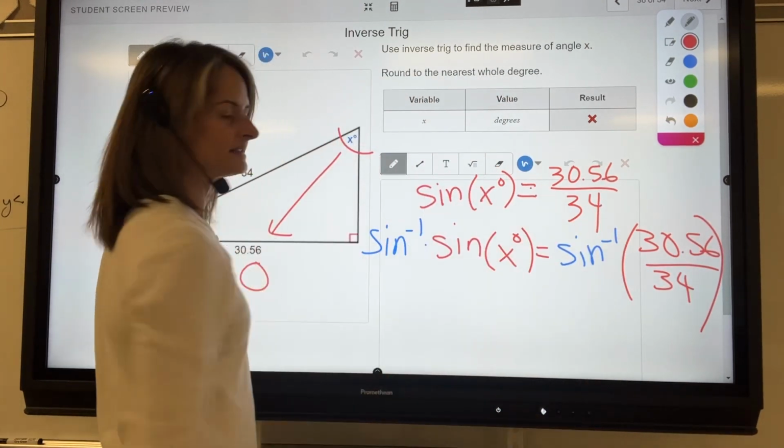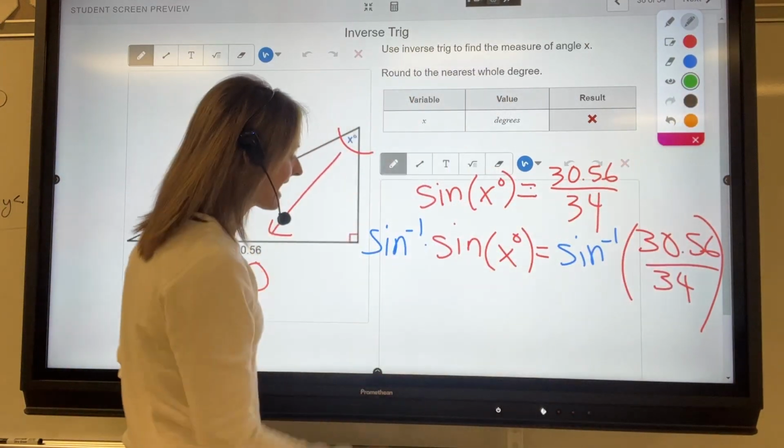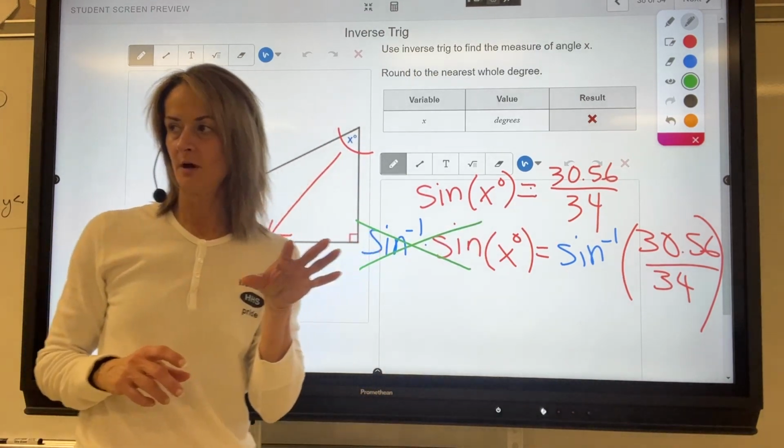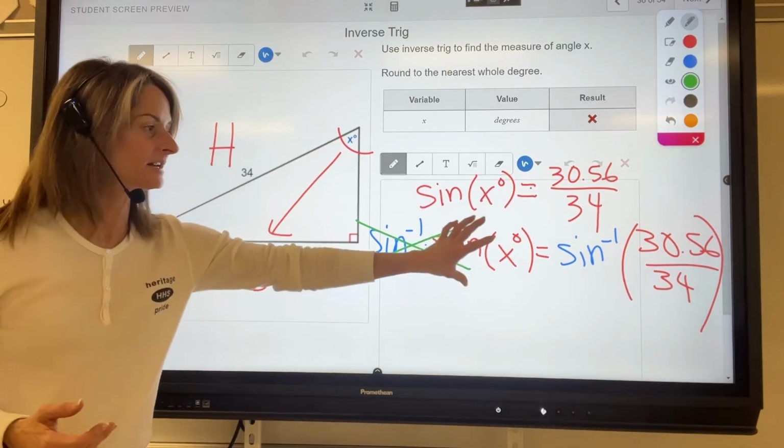Inverse sine, both sides of the equation. Now, what happens when we do that is these cancel each other out. They undo each other. So what we have left is this, just the angle, which is what we need. It's isolated, it's by itself.